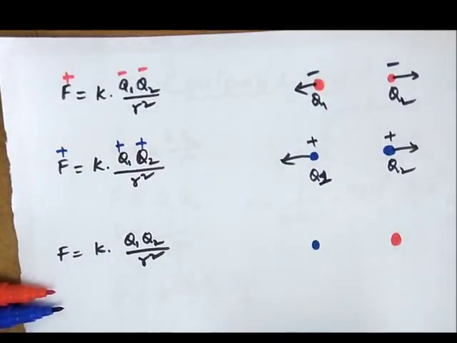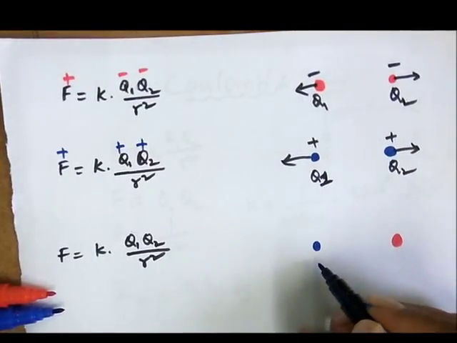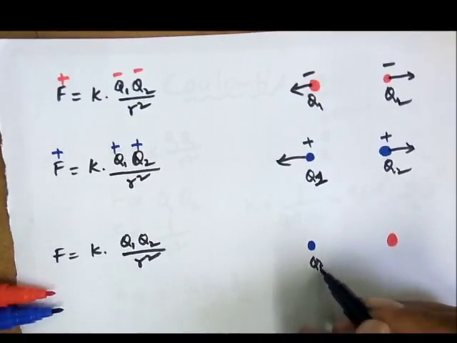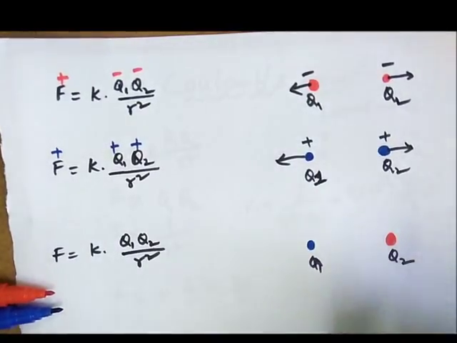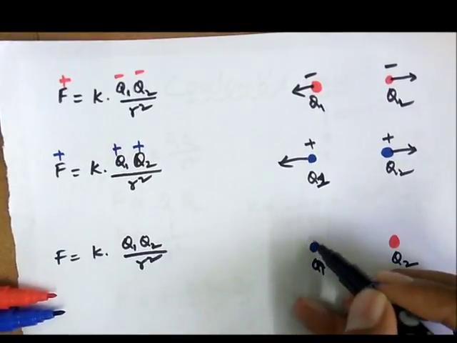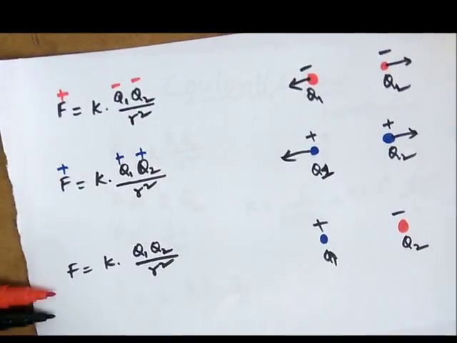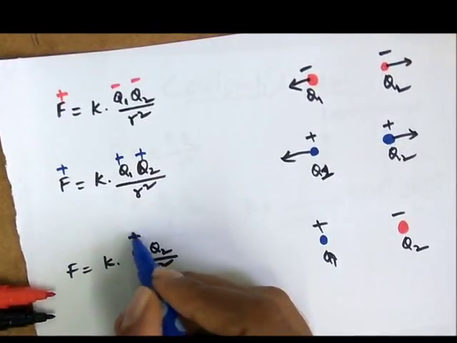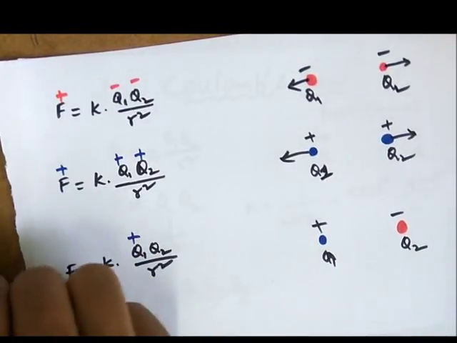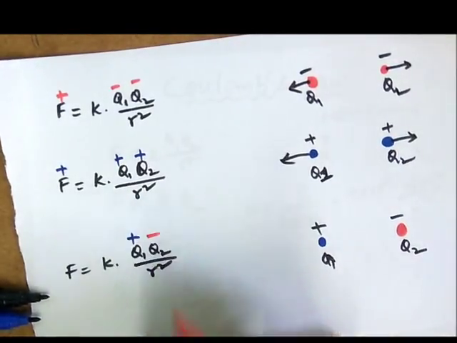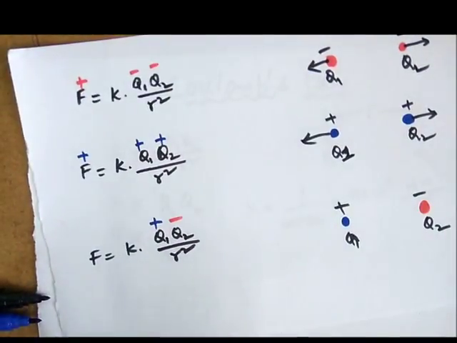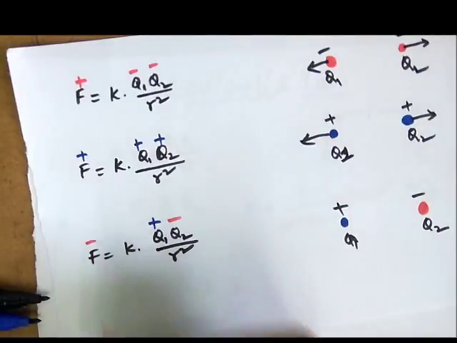Now, let's consider the third case where a positive charge Q1 and a negative charge Q2 are placed side by side. So this is a positive charge and this is a negative charge. Multiplication of a positive number and a negative number will result in a negative number.